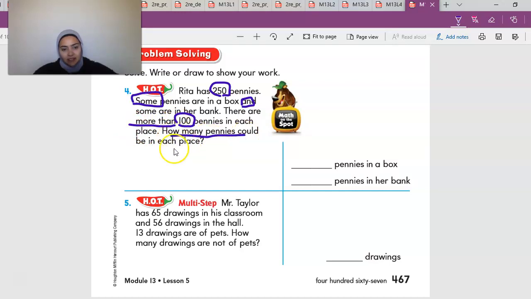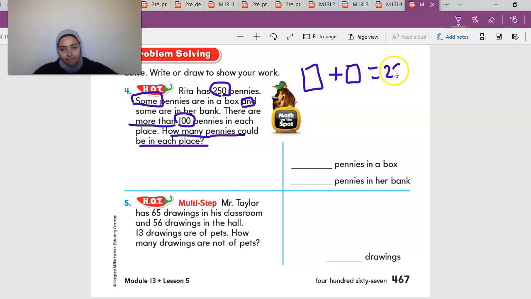How many pennies could be in each place? So Rita has 250 pennies. Some pennies are in a box and some are in a bank. So we know this is how many are in the box. We know this is how many are in the bank. And I know when I put those together, there are 250.